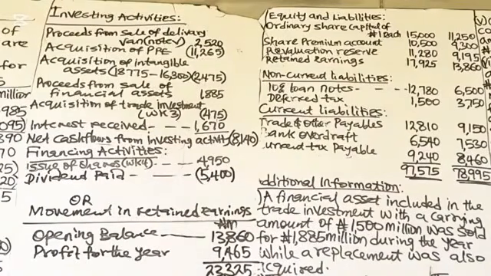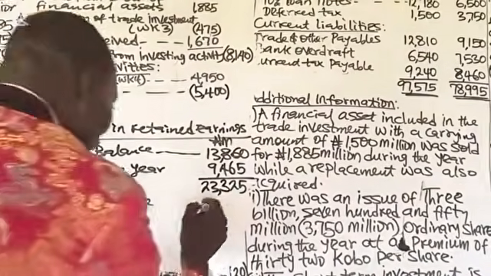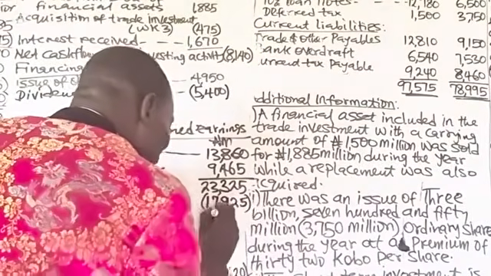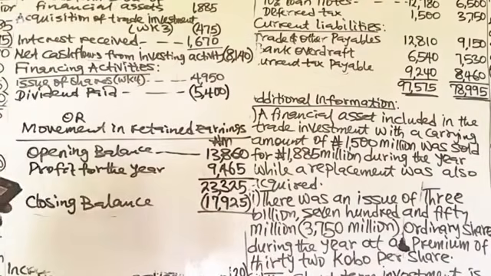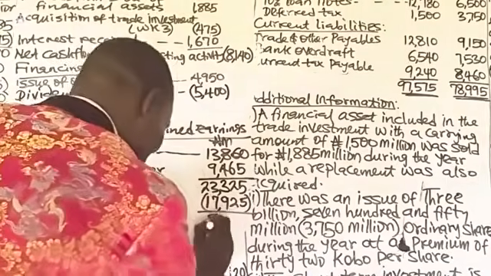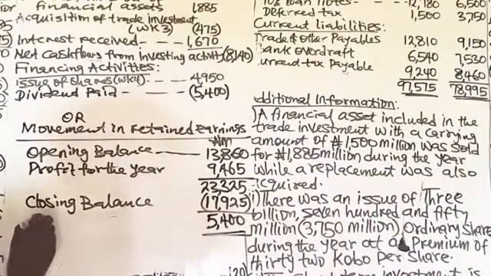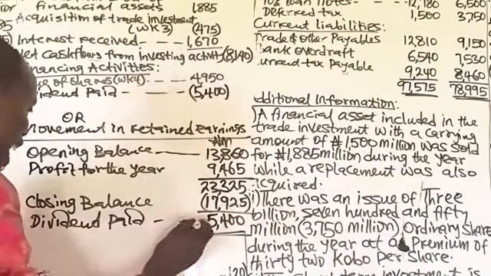17,925. So you now include that 17,925. If you subtract 17,925 from 23,325, so you have 5.4 million. That 5.4 million is the amount of dividend paid in the year.